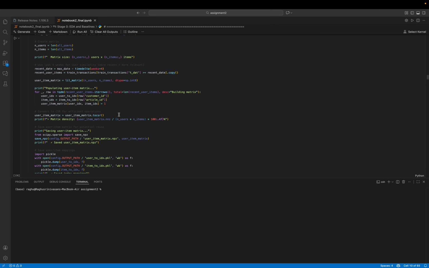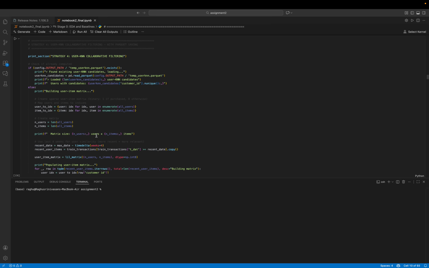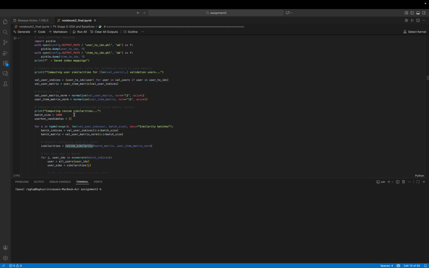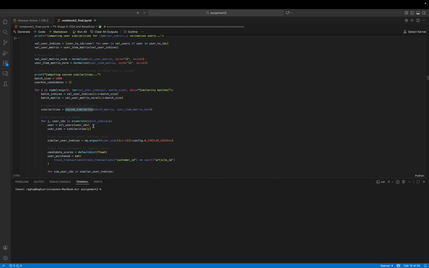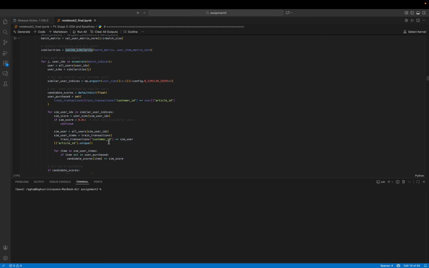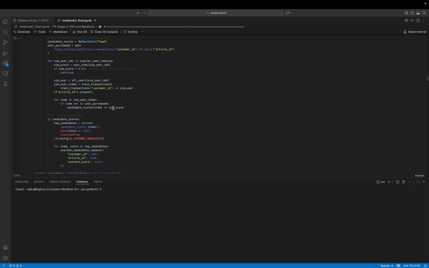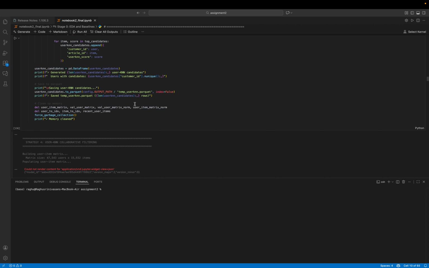This is the KNN collaborative filtering, where we use the user metrics and compute cosine similarities, not Jaccard similarity. Use cosine similarity to get the user KNN to find similar users and build user preferences based on similar users.